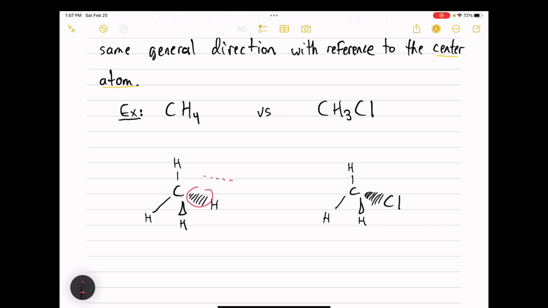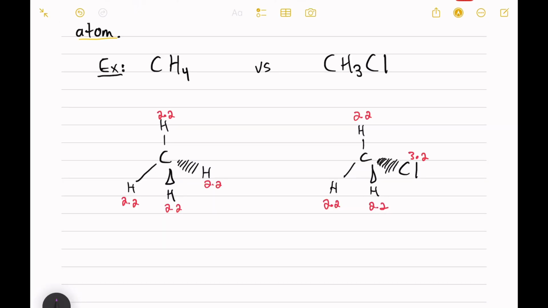So whether you're using hatched lines or dashed lines, they both mean the same thing. So let's say I assign electronegativity values on each of these. And again, these values are going to be from the periodic table. Now let me just quickly write in the electronegativities of the carbons.